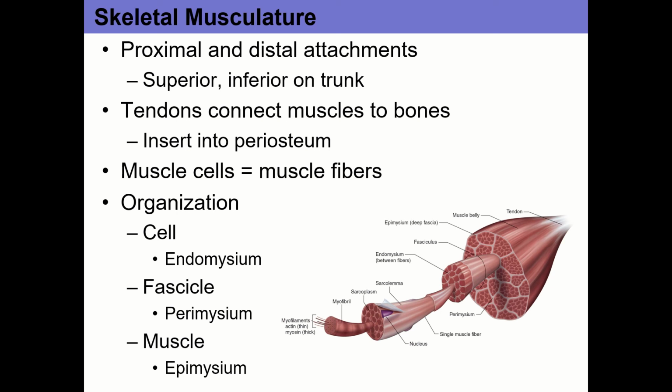And so the muscle itself includes all of the fascicles, and again, in each fascicle there is a group of muscle cells. The whole muscle has a layer of connective tissue that surrounds it, and that layer of connective tissue is called the epimysium. So connective tissue around the whole muscle, epimysium, connective tissue around a fascicle, perimysium, connective tissue around an individual muscle cell, endomysium. So from superficial to deep, epi, peri, endo, and then mysium refers to that specific connective tissue.